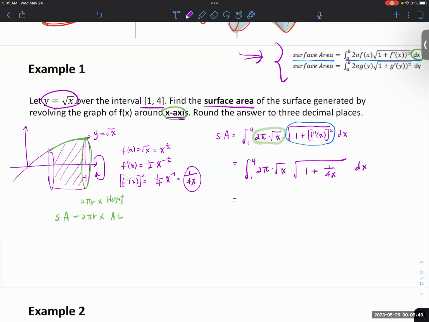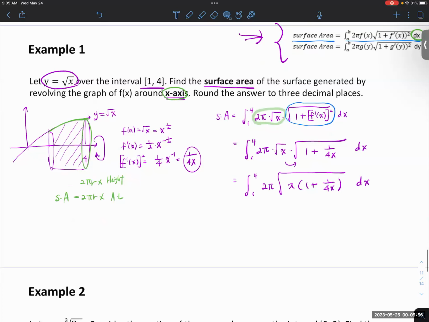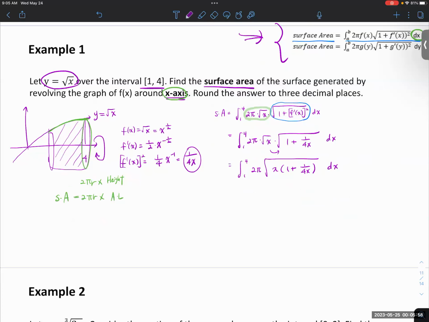This is the same radical, so let me combine it. I'm going to bring it inside. So x times 1 plus 1 over 4x dx. And then that is the integral from 1 to 4 of 2 pi, x plus, what do you guys think? x and x cancel, 1 over 4 dx.